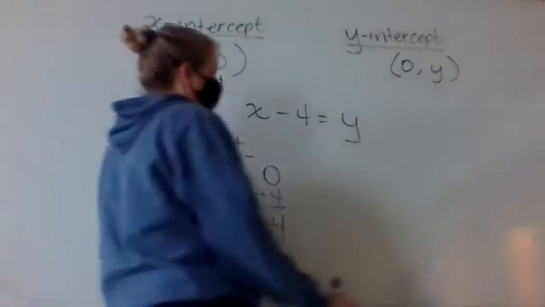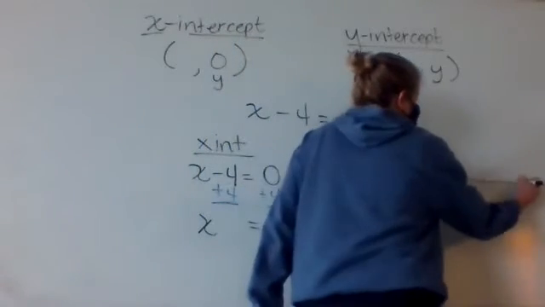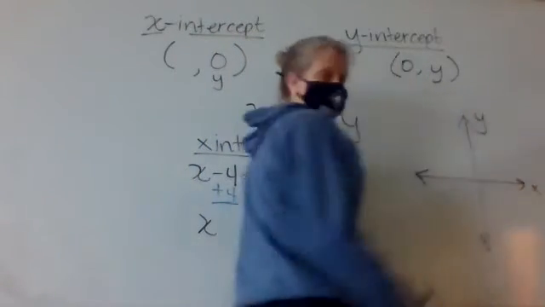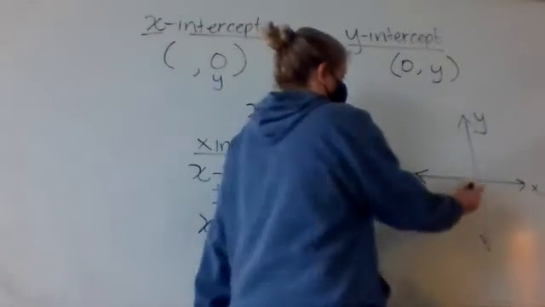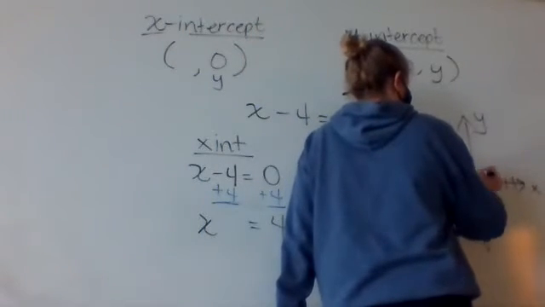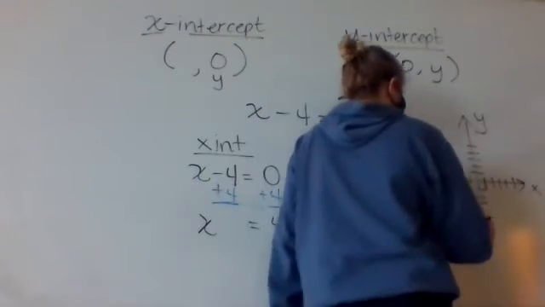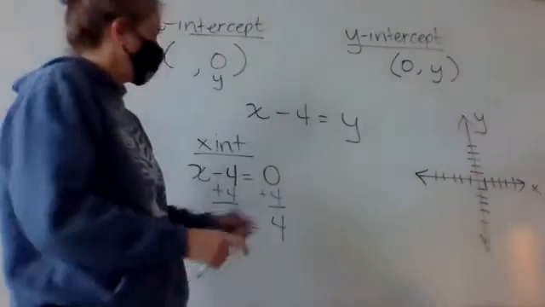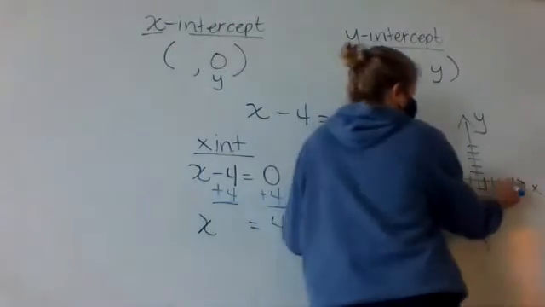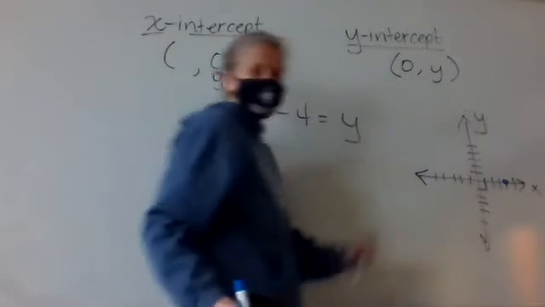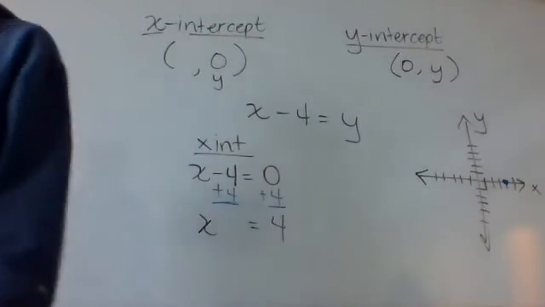So that's where it's going to cross the x. So if you want to go ahead and point that out, it's going to cross the x-axis at positive 4. Remember, all intercepts are on an axis. The x-intercept is on the x-axis.